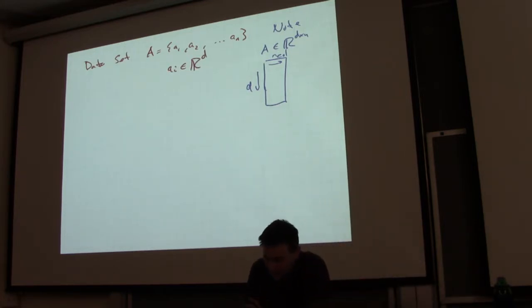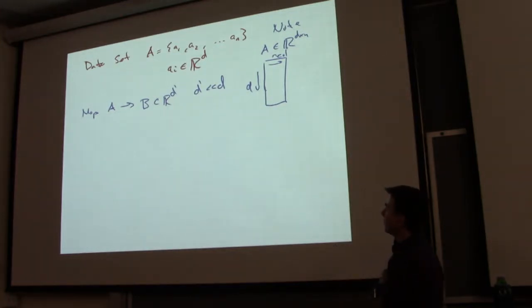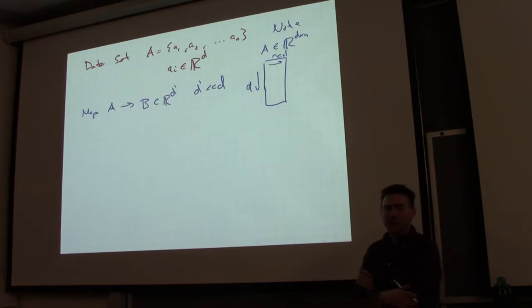What the goal is here is to map A, this data set, into another data set B. So B is now going to be in R^D', where D' is much less than D. Now I still have N data points like I did before, but they're in a much smaller dimensional space.